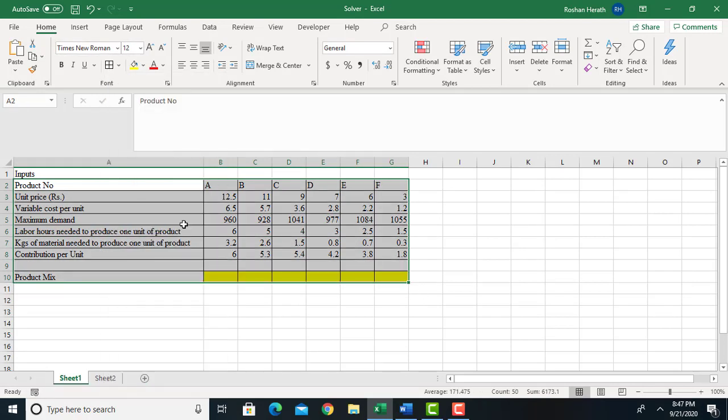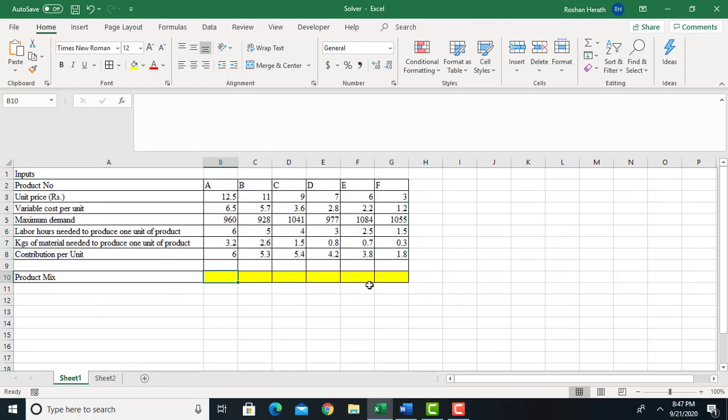Then at the moment, I'm going to assume a certain product mix. I'm just going to assume certain products because that is something we are going to derive using our solver tool. But at the moment, I might need to feed some product mix.